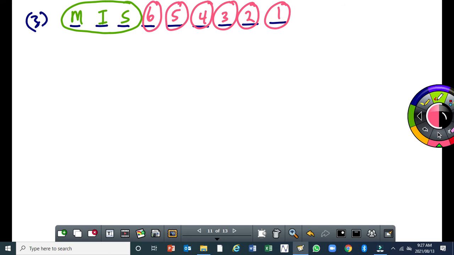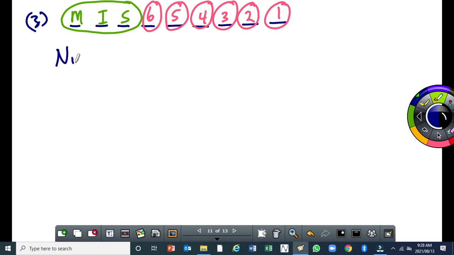The seventh one is a group. So if they are going to switch their positions, the M, the I, and S must be together. They must always be next to each other. But do you agree with me that among themselves, they can also swap? You can have I here, you can have S there, M there, you can have M here, and so on. Right? So the number of ways, now this one becomes a little bit tricky.